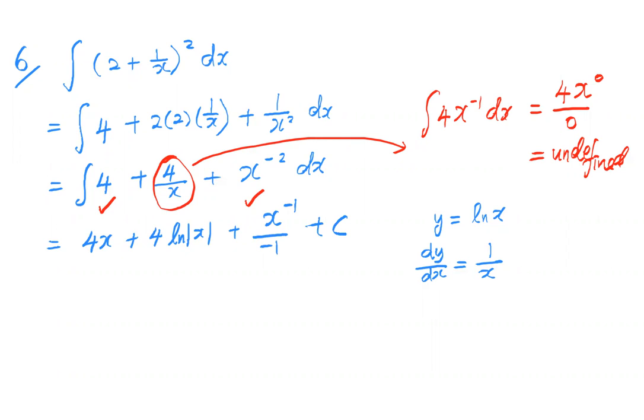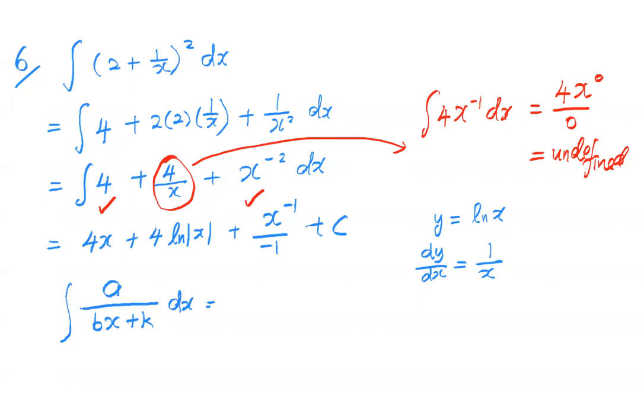Modulus means absolute value. Then plus the power plus 1 divided by the power plus c. So I'm going to give you the 6th rule. 6th rule is like that. I have a number divided by a linear form. Only linear.